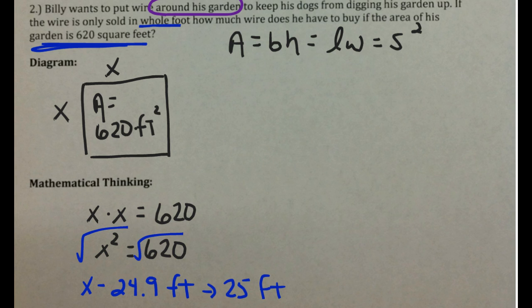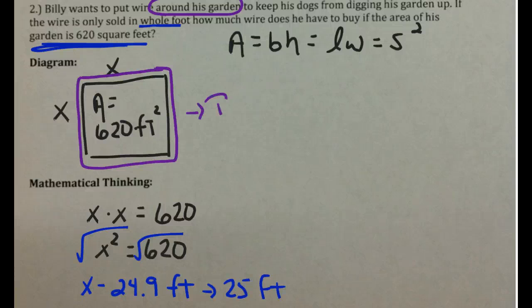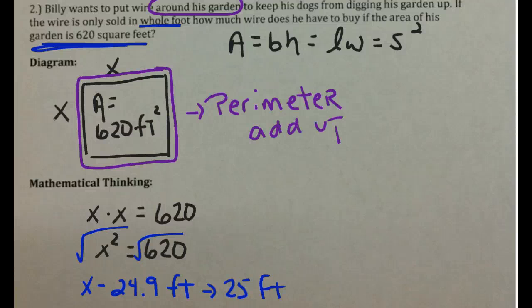So he wants to find how much wire he needs around his garden. And when you're finding around the rim, you're looking for the perimeter. And how do you find the perimeter? Add up all the sides. So we found the side, which is 25.